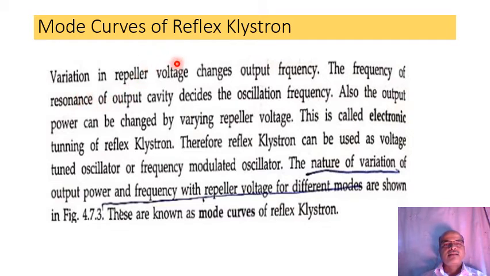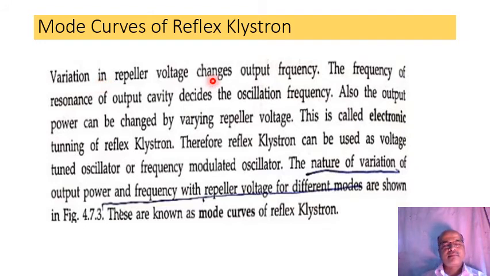Then you have to mention that in the experiment we have studied the mode characteristics of the reflex klystron. Variation in repeller voltage changes the output frequency. In this type of experiment, we keep the beam voltage constant and vary the repeller voltage.